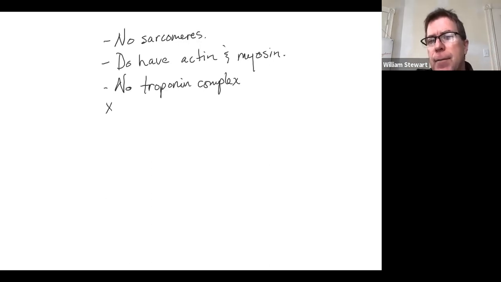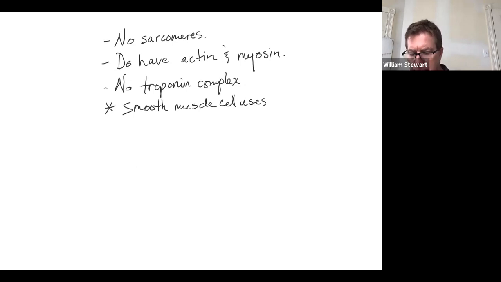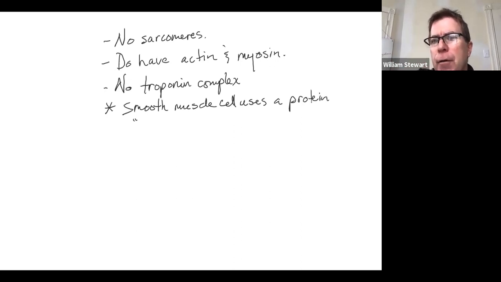The smooth muscle cell uses a protein called calmodulin to bind calcium. I'll write it out for you, in quotation marks. Cal, just like it sounds, modulin, to bind calcium ions.